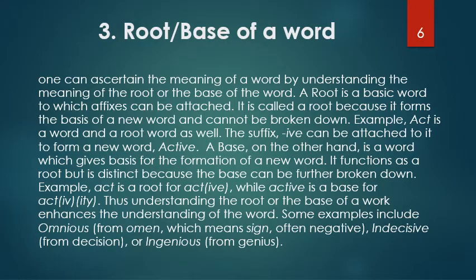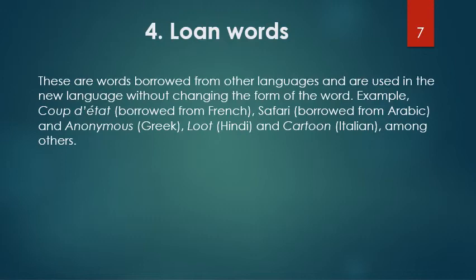The fourth way of arriving at a word's meaning concerns loan words. As I said earlier on, so many words in English are borrowed from other languages, languages like Arabic, like French, like Greek, like Italian, like even Hausa of recent.